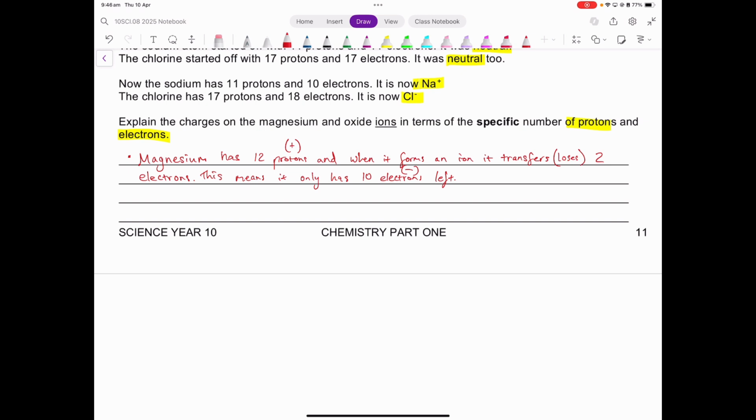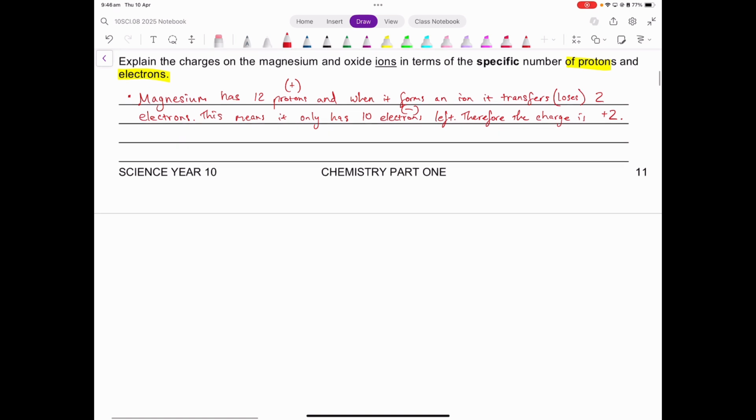Okay, but then we're still left with 2 overall plus. So this means it only has 10 electrons left. Therefore, the charge is +2.